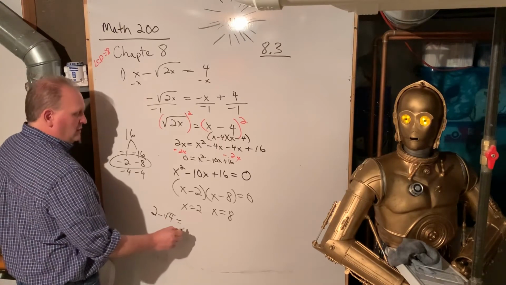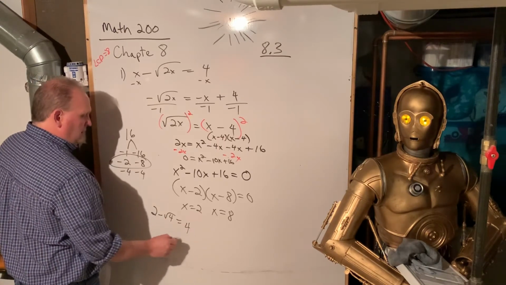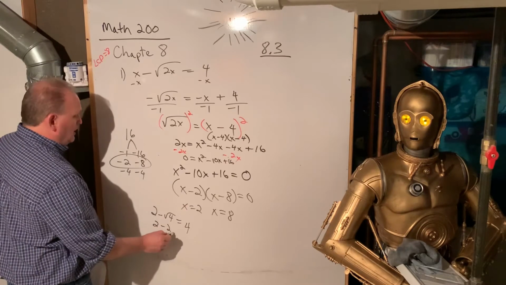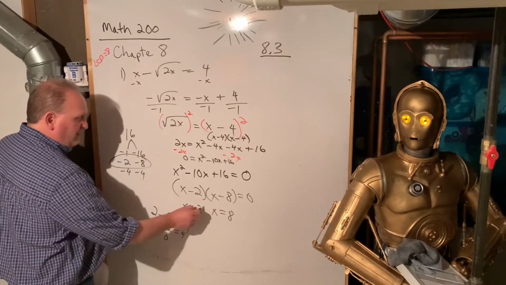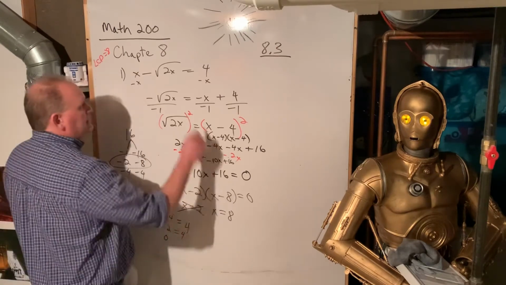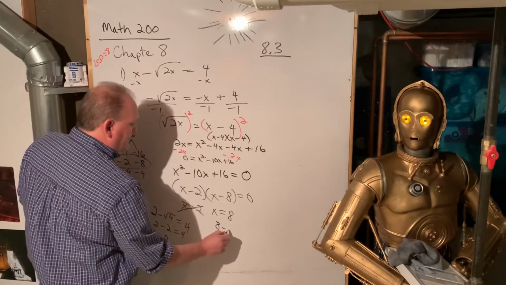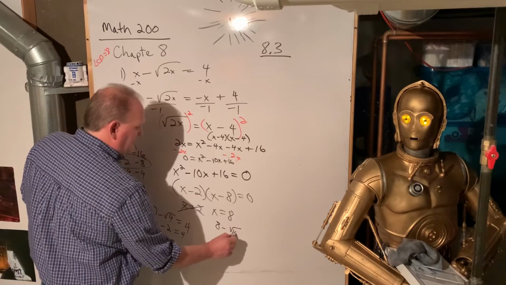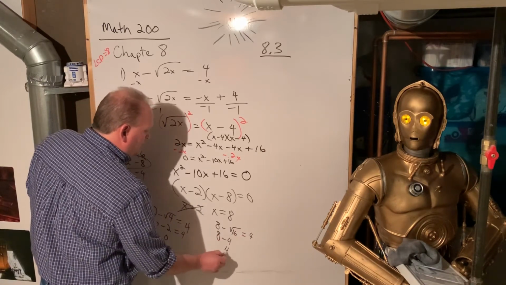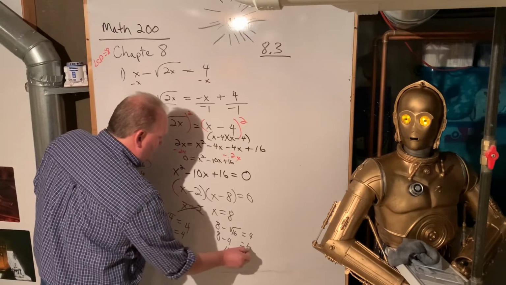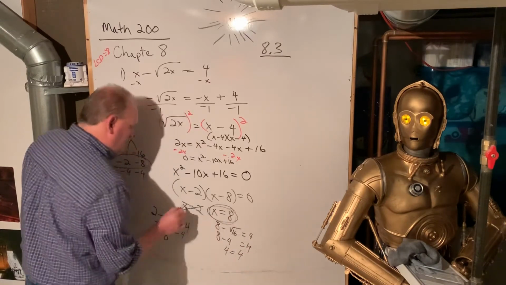Does that equal 4? And the answer is no, it doesn't. It equals 0. So this one failed. Let's try 8. 8 minus the square root of 16, does that equal 4? Yes, 8 minus 4 is 4. That one works. That one fails.